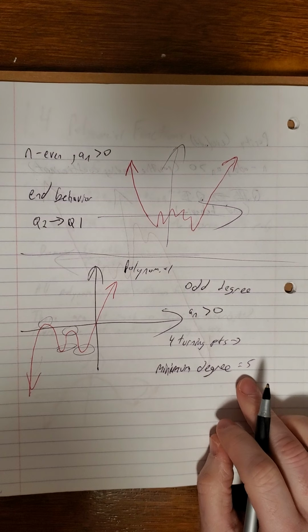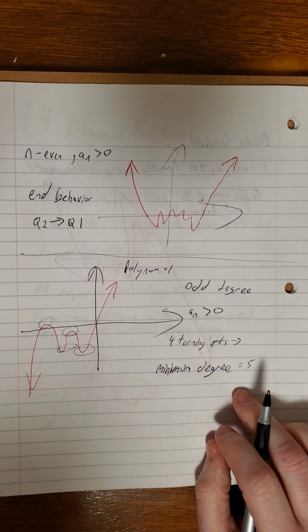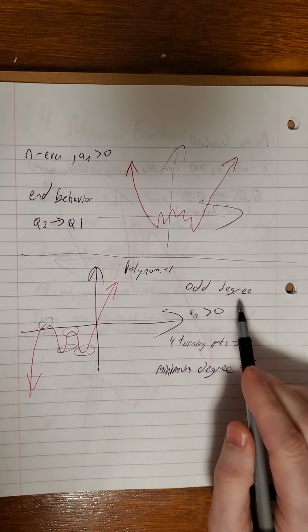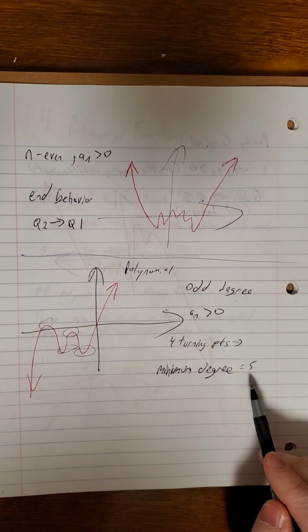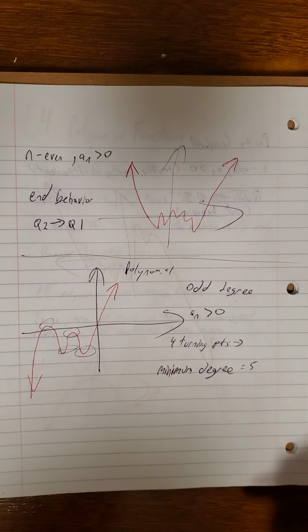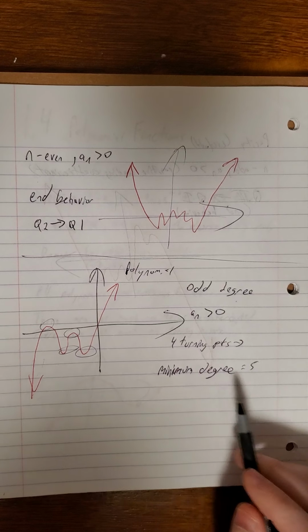Now, it's not necessarily only 5. It could be a 7th degree, a 9th degree, a 501st degree. We do know that it's an odd degree, and we do know that it's at least a 5th degree. It could be more. We don't know. But that's the bare minimum degree. I can't get this kind of shape from, for example, a cube.